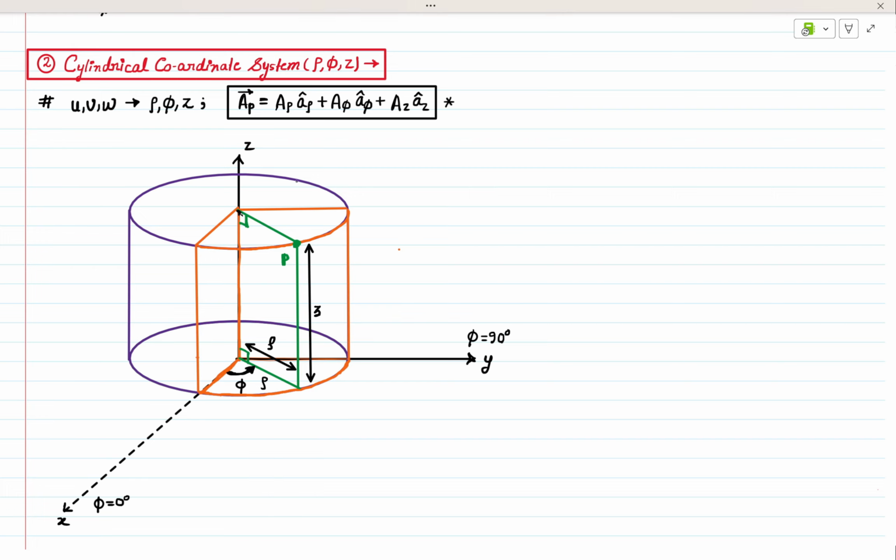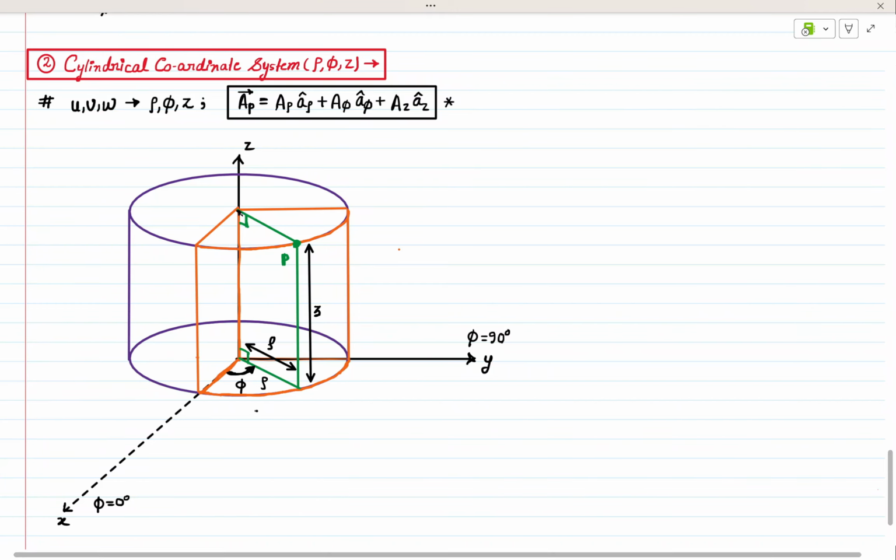So phi is nothing but the angle produced by the point above the x-axis or the x plane. I think you have now understood what rho, phi and z are.